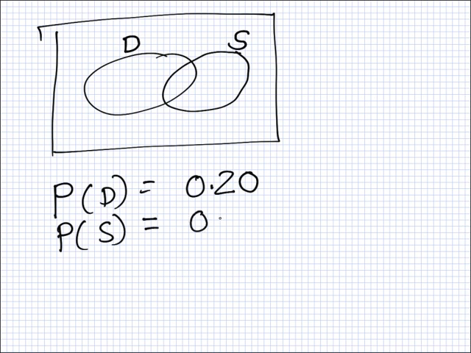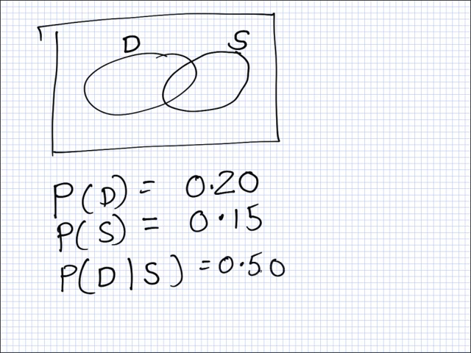We'll say 15% of people who present have symptoms. And we'll say that, let me see, I want to give a given one. The probability of having the disease, given that you have the symptoms, we'll say is 50%.